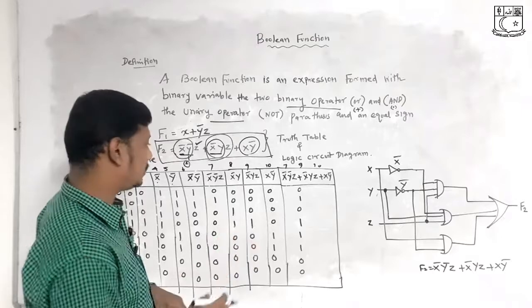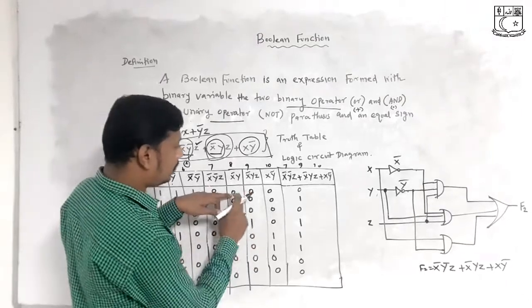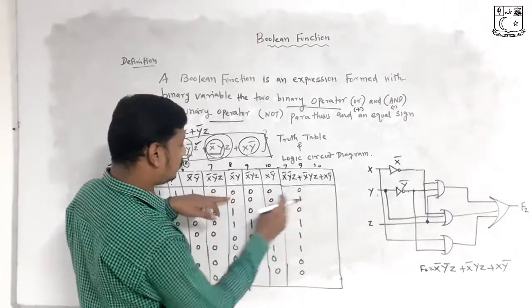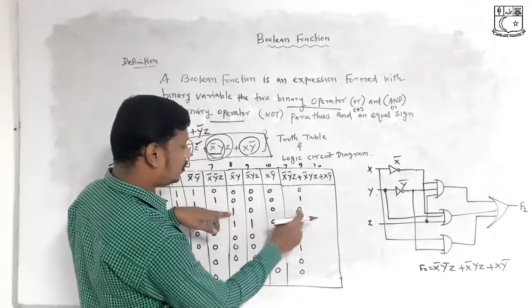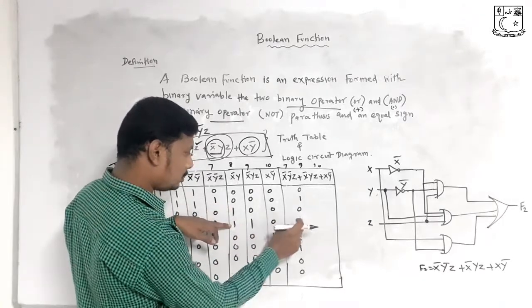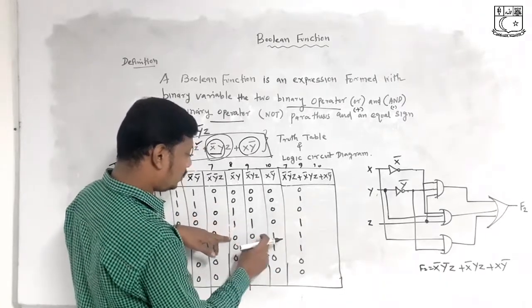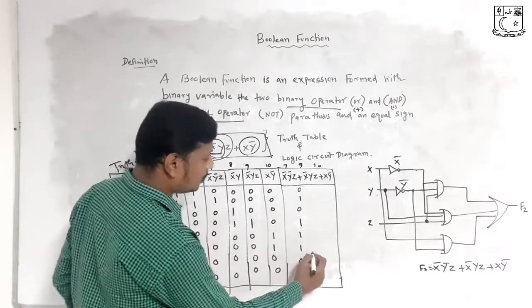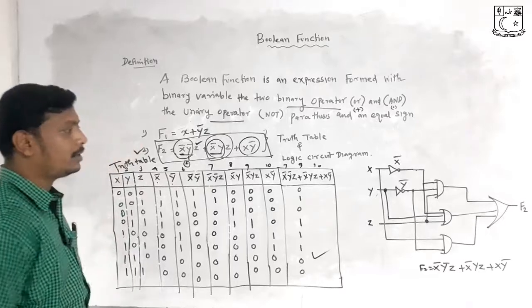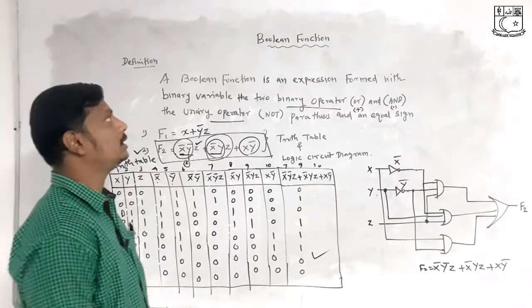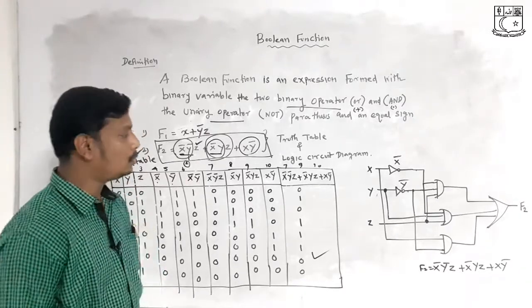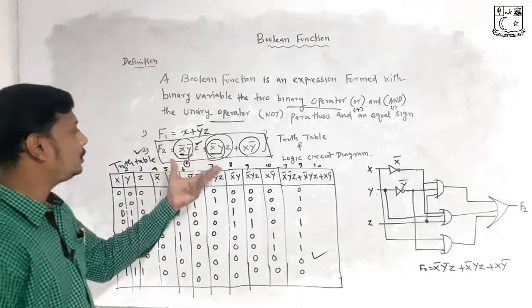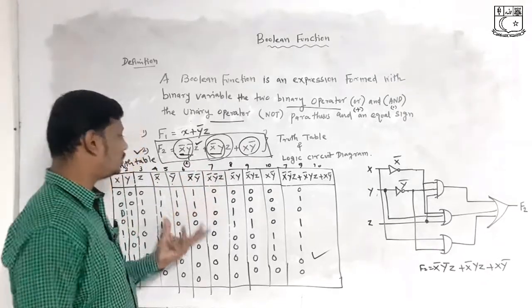So these three columns I will simplify: 0 0 0, 0 0 1 is 1, 1 0 0 is 0, 1 1 0 is 0. This is the simplification: how to derive the Boolean function from the truth table.